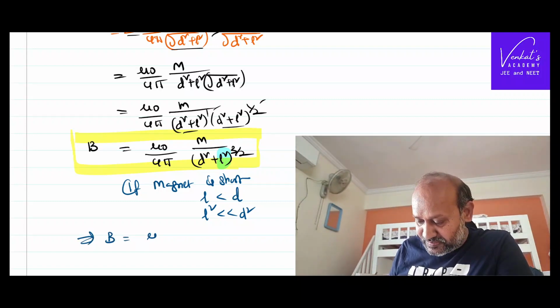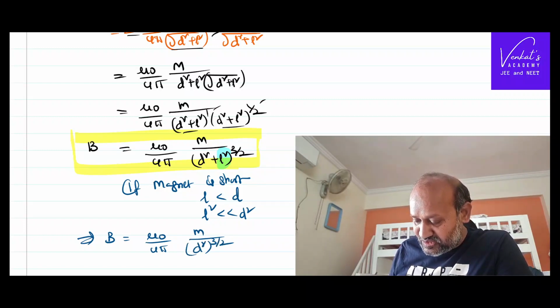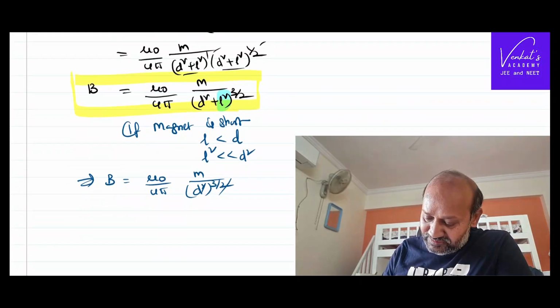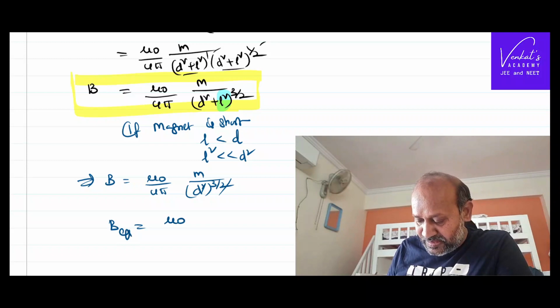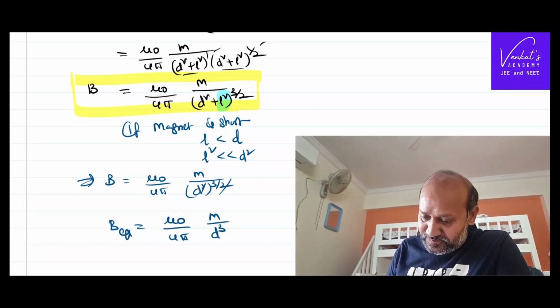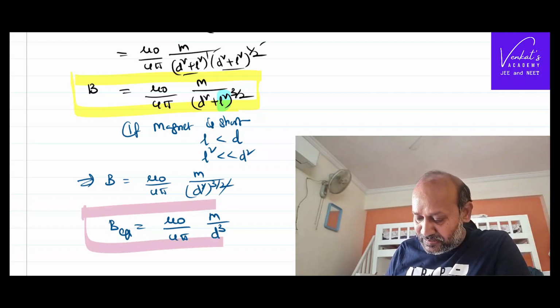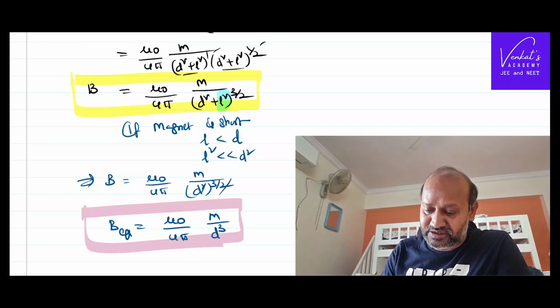Magnetic induction becomes mu naught by 4 pi, M by, ignoring L square, d square whole power of 3 by 2, square and square will cancel. So the value on the equatorial line is mu naught by 4 pi, M by d cube. That's the expression for the magnetic induction on the equatorial line.